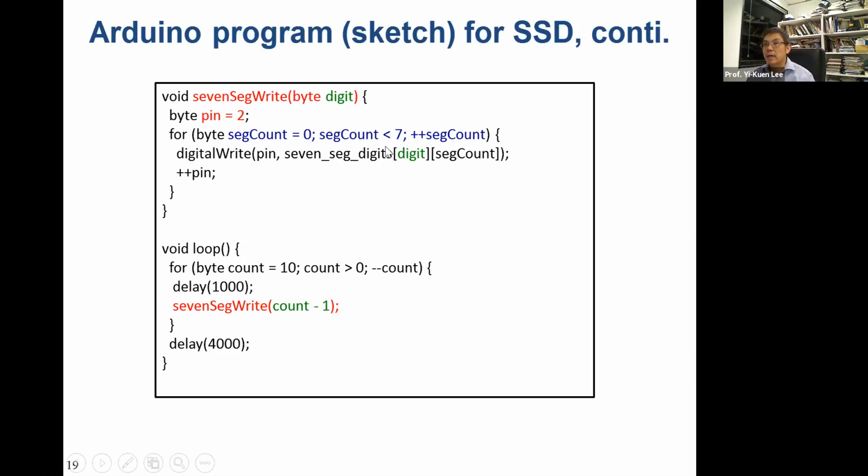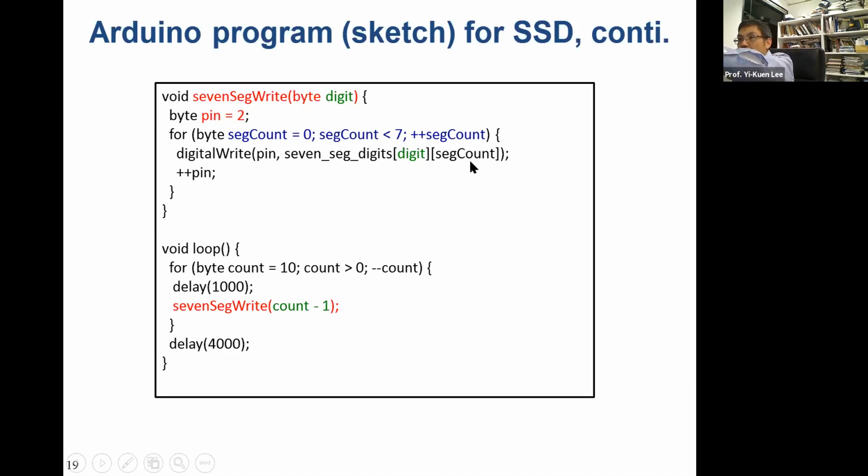And for the segment count, that means from 0 and then gradually increase 1, 2, 3, 4, 5. And now you can see, I access this array digit.